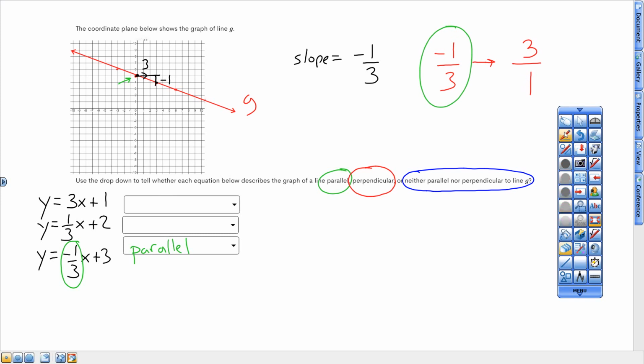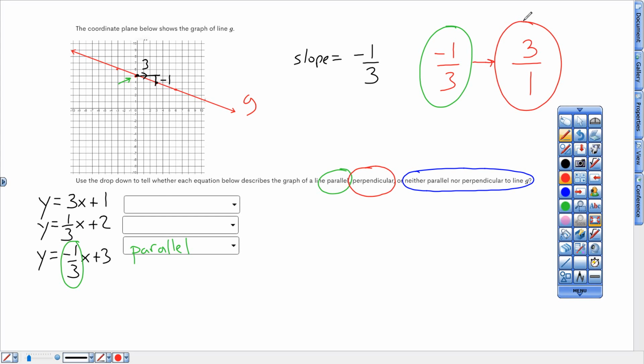It doesn't mean make the negative +1 and then move the negative up here. That's not what that means. That would be the same negative value. Opposite reciprocal. Not only the reciprocal, but the opposite. If it was negative, the opposite is positive. If it was positive, the opposite would be negative.